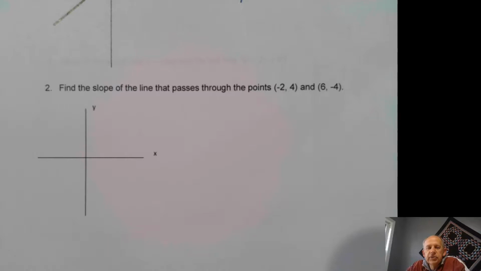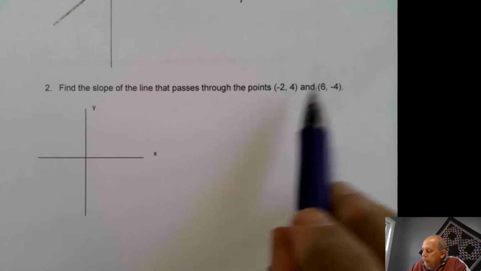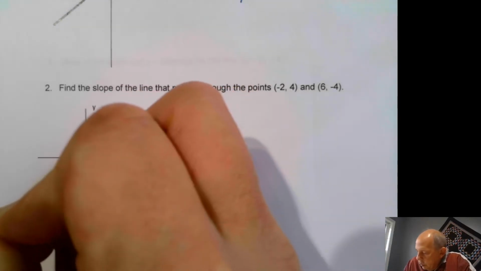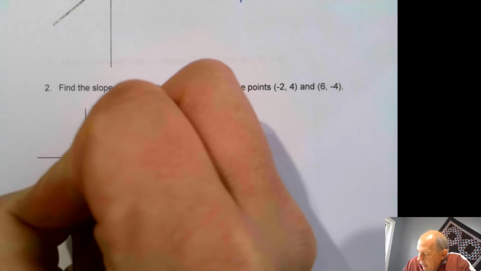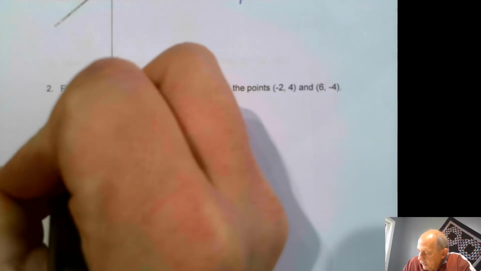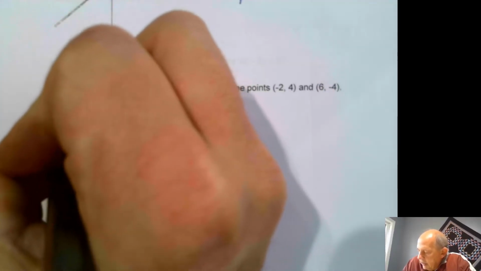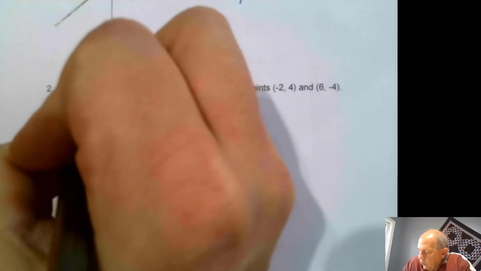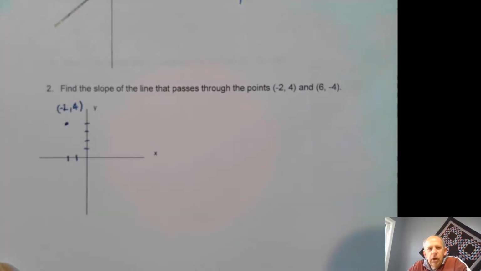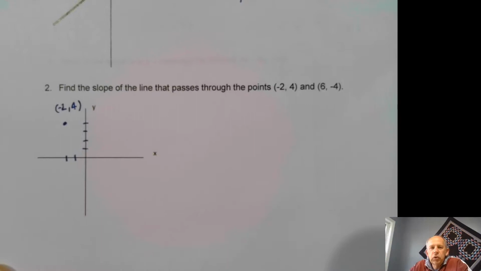Let's take a look at the second algebraic example, where we want to find the slope of a line that passes through these 2 points. What I like to do is give myself a visual of the line that goes through these 2 points. So let me graph these 2 points first, so I have an idea of where my line is going to go and what it's going to look like before I start with a formula.